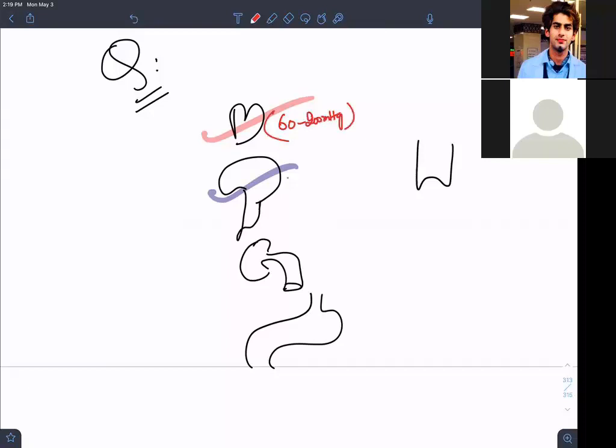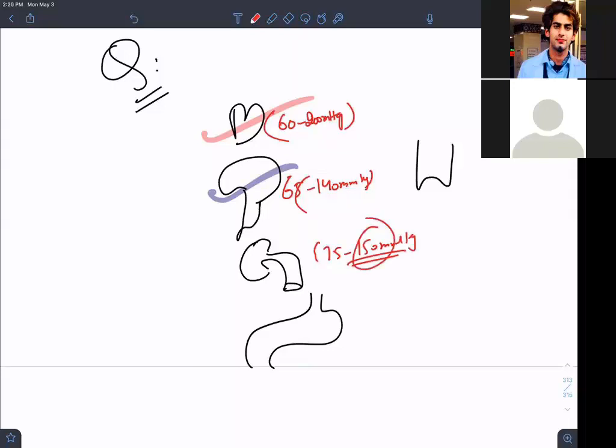Brain, between 65 to 140 mmHg. Kidney, I think 75 to 150 mmHg. You should check the book. I think it's 75 to 150 or 160, something like that.